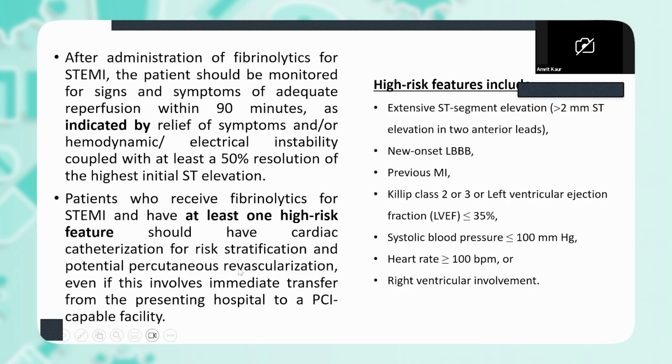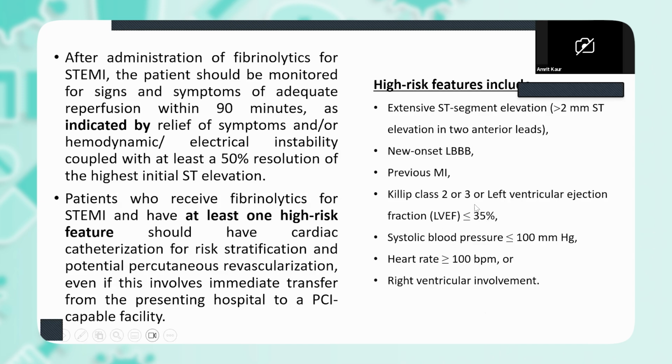After you have thrombolized the patient, still they need to go for an angiography to see if the occluded vessel has been completely opened up. But if they have high risk features, they need to go immediately after thrombolysis. These high risk features, I think this is something that we've seen in previous ones, your features of cardiogenic shock, that is your systolic blood pressure is less than 100, your heart rate is more than 100.